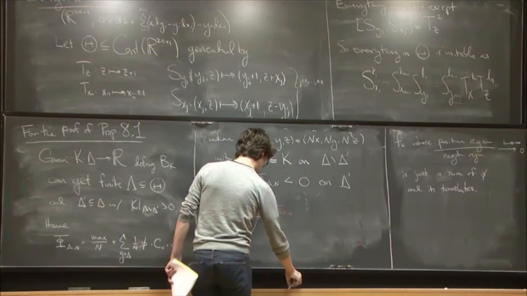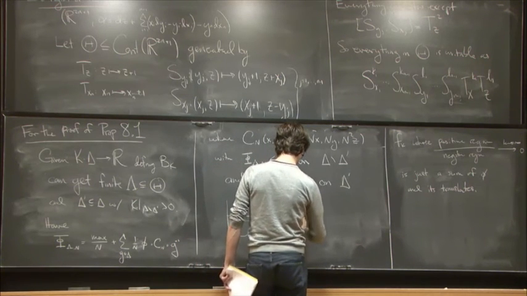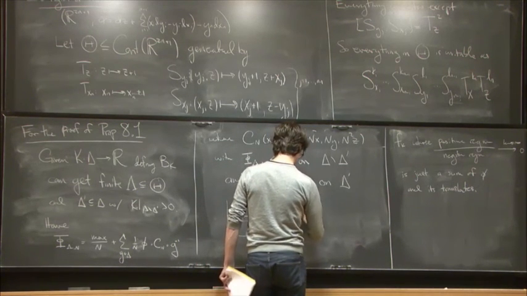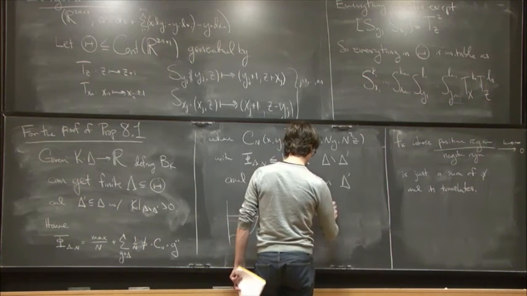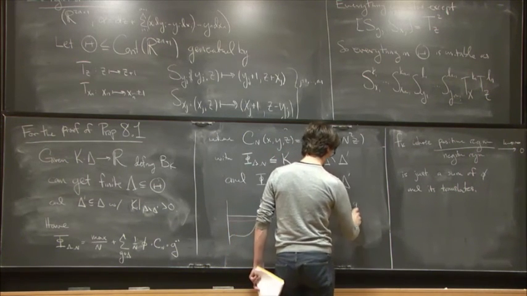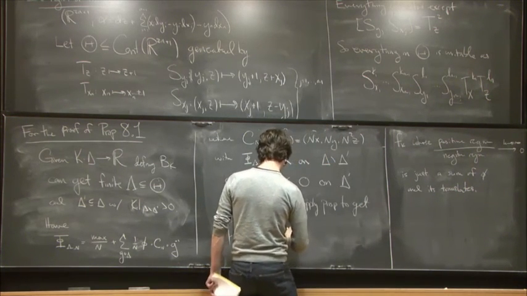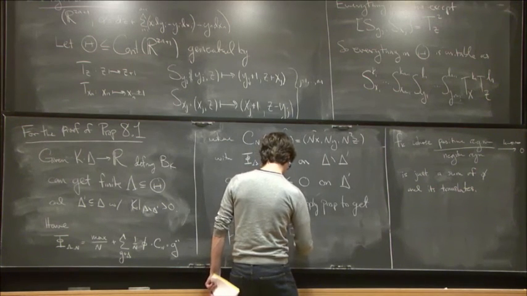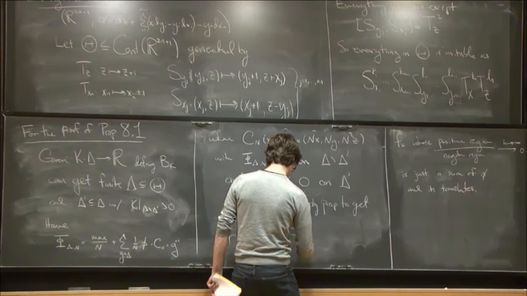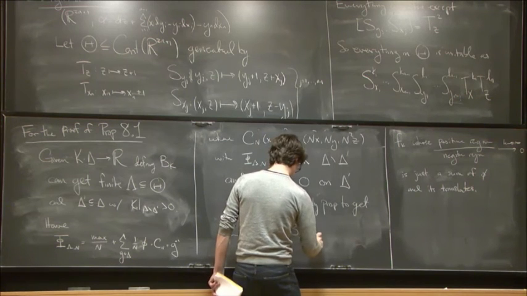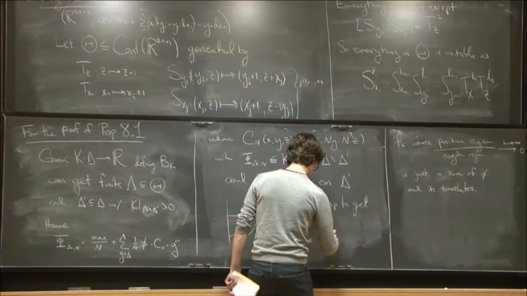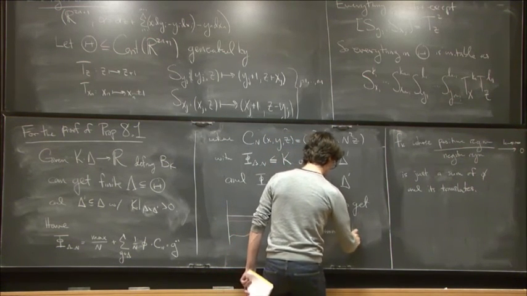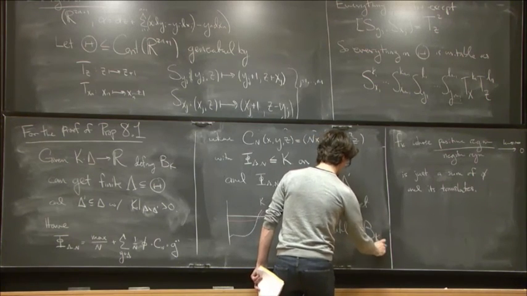So you can apply this proposition to get that B of phi n is dominated by this B sub k.